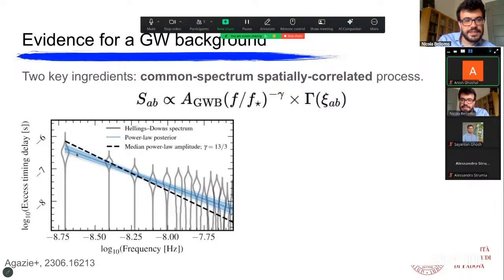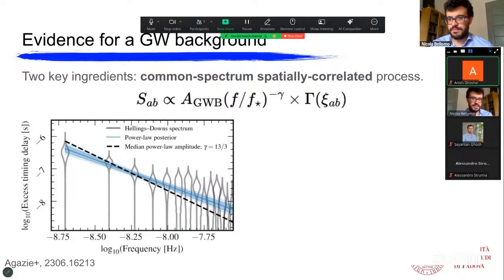You can see that our measurement is actually compatible with a power law spectrum with exponent 13/3. This exponent is the one predicted by imagining that this background is sourced by inspiraling supermassive black holes. So this was a strong confirmation of what we do actually expect.